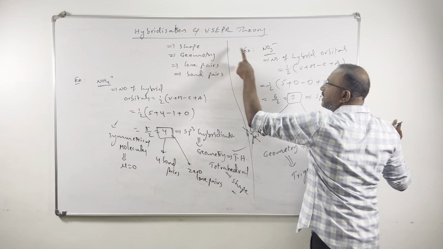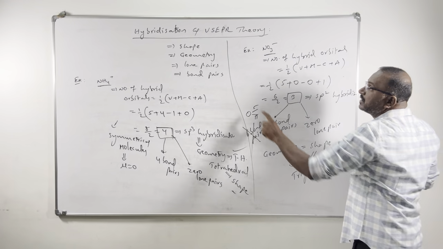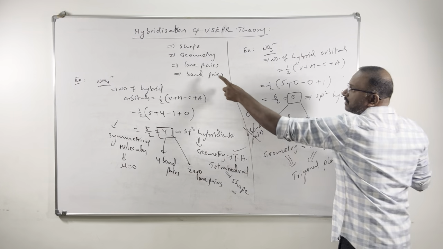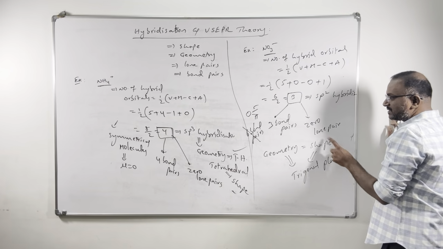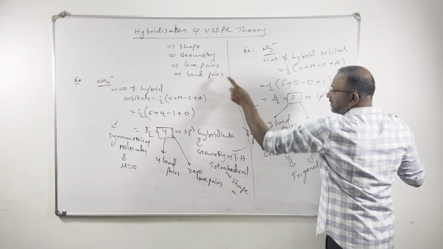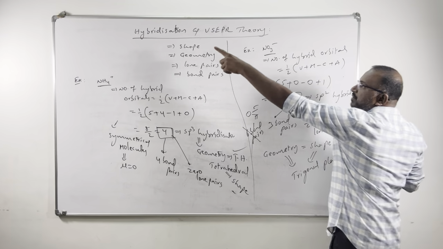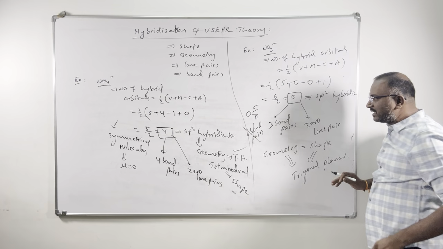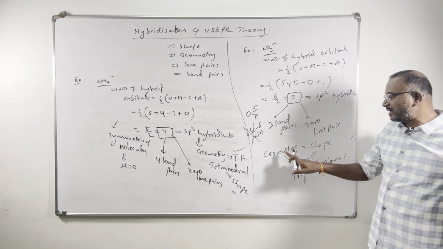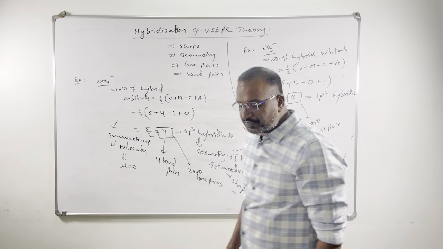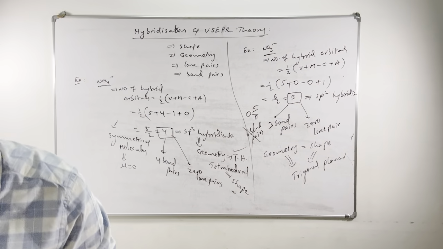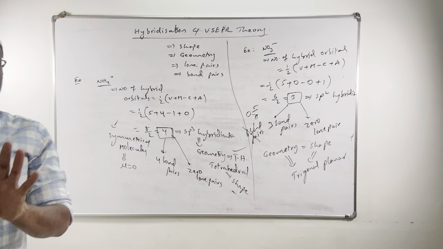The geometry of NO3 minus is trigonal planar. Lone pairs of NO3 minus is 0. Bond pairs of NO3 minus is 3. Hybridization of NO3 minus is sp2. According to VSEPR theory, if 0 lone pairs are there, geometry is equal to shape. Like that, you can identify shape and hybridization for any molecule.